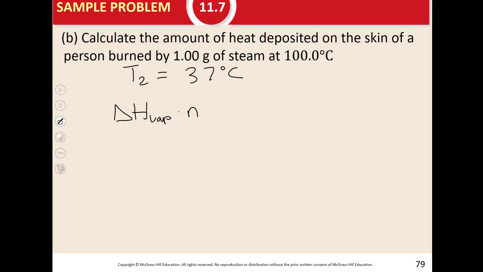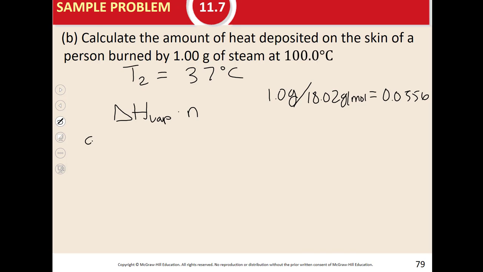I've got how many grams of water? 1 gram of water, divided by 18.02 grams per mole gives us how many moles of water? Yeah, 0.055 repeating, so we'll round that to 0.0556 moles.